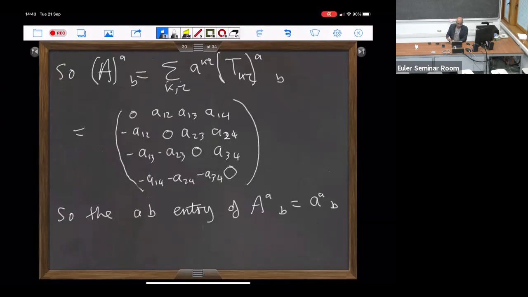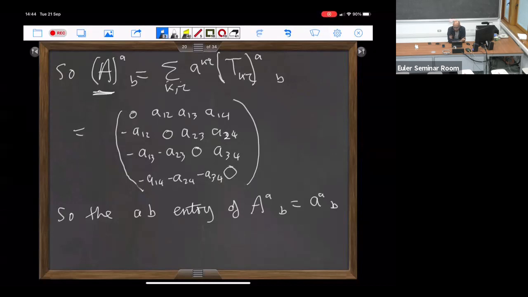So that means that an antisymmetric matrix A, with matrix entries a, b, can be written as the sum over k and l of some constants A_kl, and in 4 dimensions there's 6 of them, times the T_kl. And I've explicitly indicated that T_kl for each k and l is a separate matrix with indices a and b.